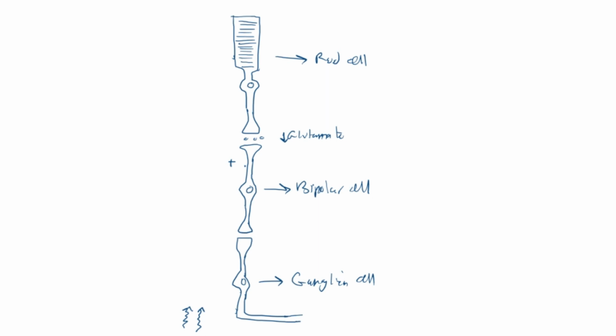Bipolar cells have a graded potential, so when they depolarize, they will release more neurotransmitters on this side. The ganglion cells will respond to the neurotransmitters released by the bipolar cells and cause an action potential. And then the action potential travels through the ganglion cell and to the optic nerve.